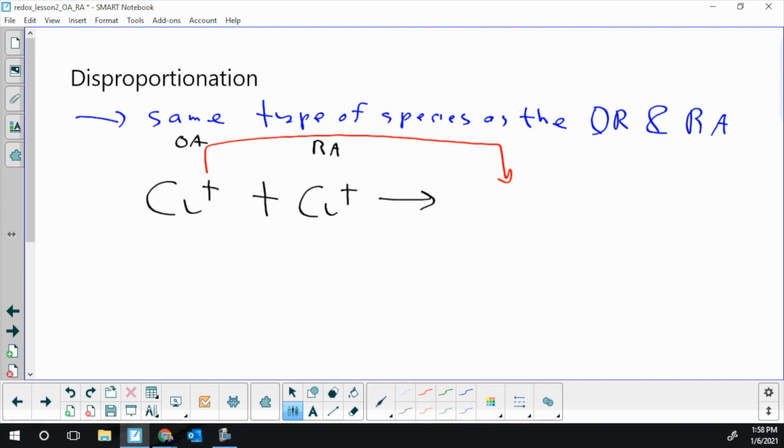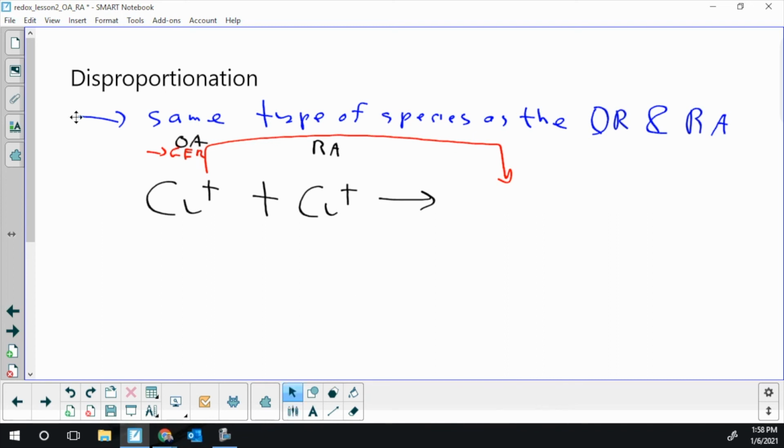So if that's the oxidizing agent, what it's actually going to do to itself, okay, it's going to oxidize the other chemical, but itself, that copper plus at the beginning of that red line is going to get reduced. It's going to be a GR. It's the oxidizing agent, so what happens to it is the opposite of oxidation, which is reduction. So it's going to gain electrons. Okay?